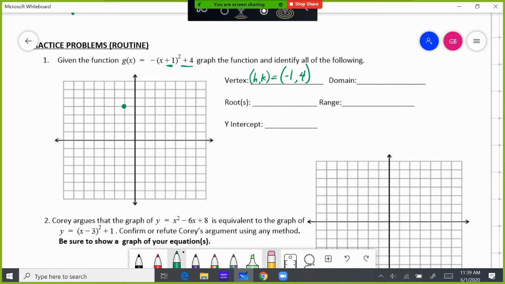The y-intercept is when x is equal to 0. So let's plug in 0 in the equation.